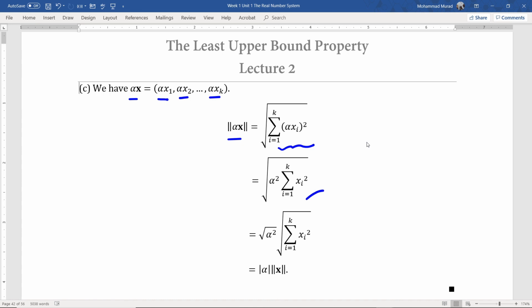Now we distribute the square root over the factors, namely alpha squared and the sum of the xi squared. We get this expression. The first factor is by definition the absolute value of alpha, and the second factor is by definition the norm of the vector x. This concludes the proof.